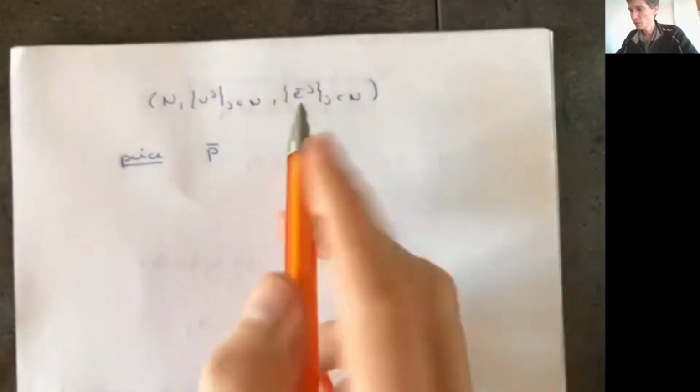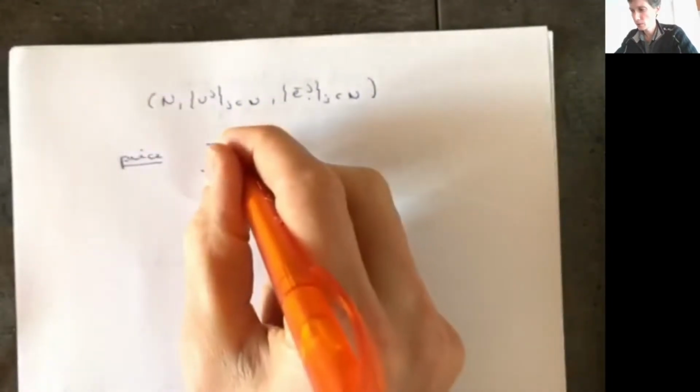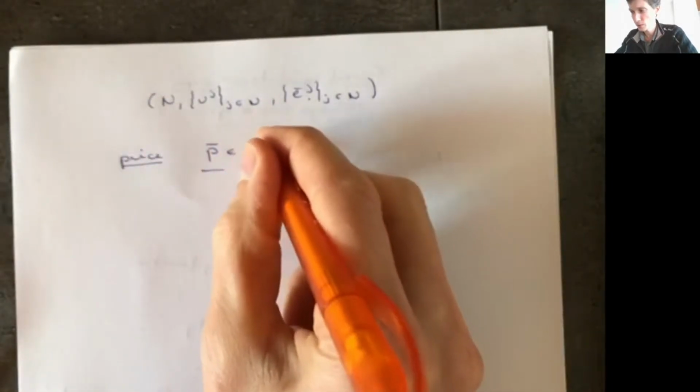Every consumer can go to the market and can sell some of its endowment and can buy other goods on the market. The prices at which the consumer can sell and buy stuff, let's call this the price vector P. We assume that P is in R^K_{++}, so every good has a strictly positive price.